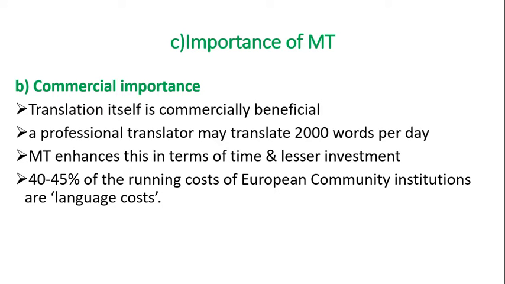We are not talking only about the European Parliament, European Union, or European Council, but about European community institutions, where a lot of institutions work together for this European community. So 40 to 45% of the running cost of these institutions is language costs, where the main cost is spent on translation.